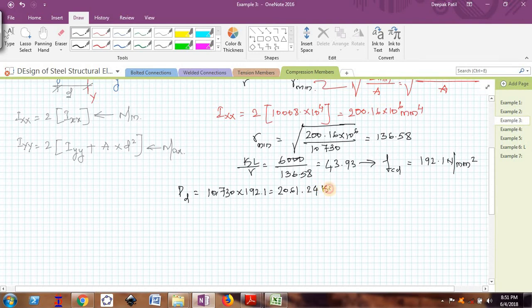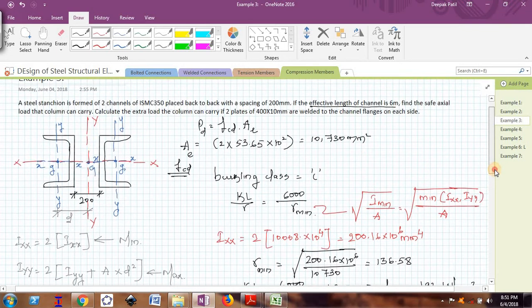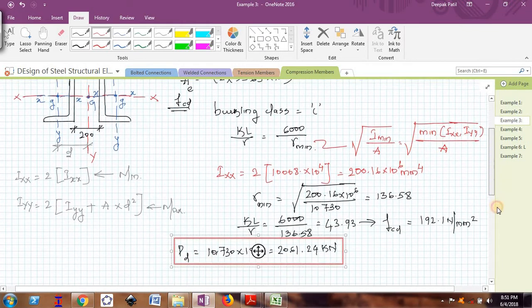This is the actual load carrying capacity of two channels ISMC 350 placed back to back at a spacing of 200 mm.